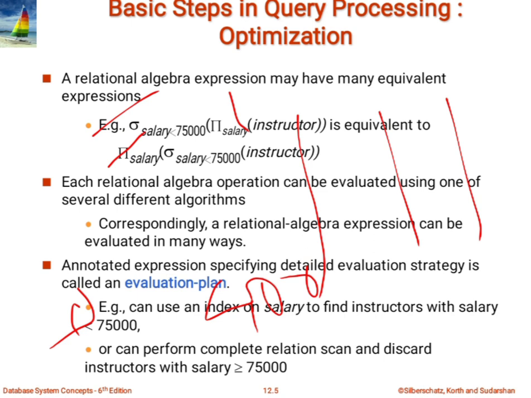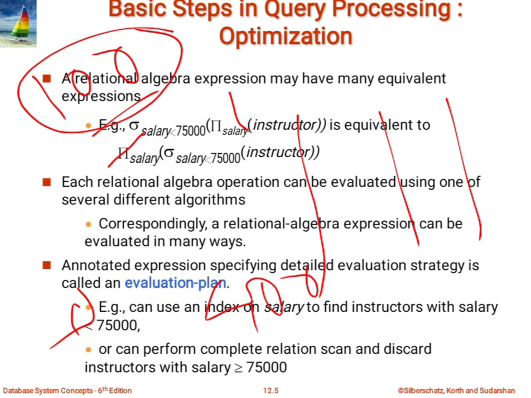Now if I apply the first approach, then out of these 1 to 400, whichever tuples, whichever rows have an instructor salary less than 75,000, only those I am going to select. Suppose that out of these 400 entries, 100 tuples have an instructor salary less than 75,000, right?